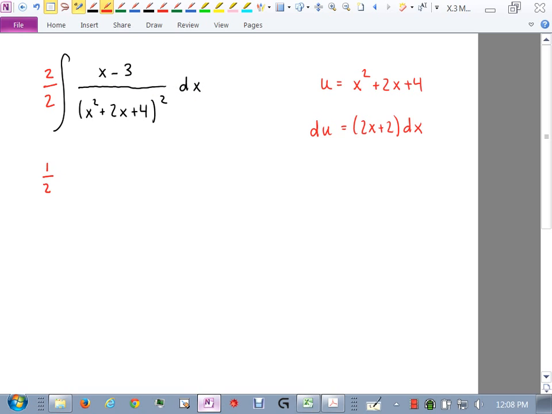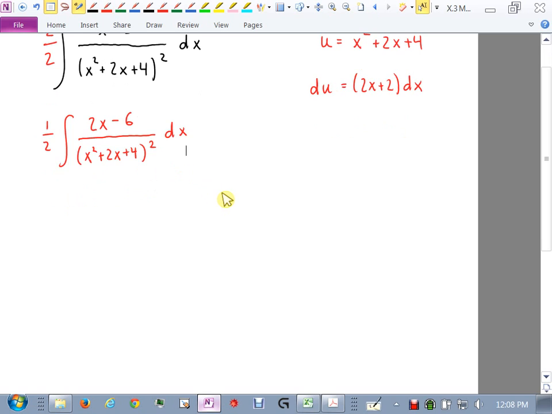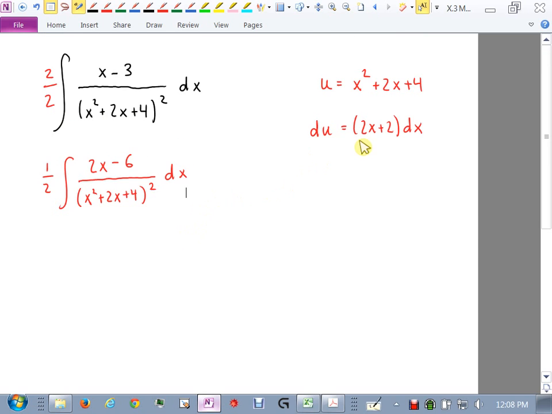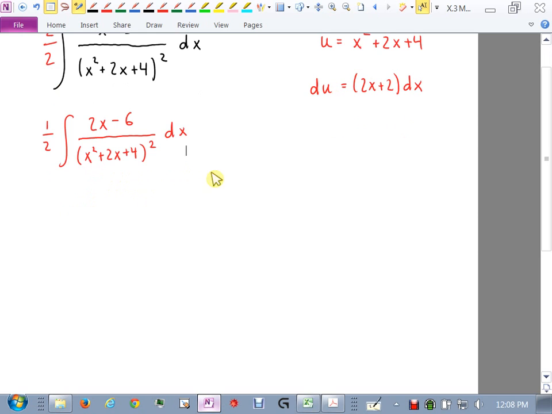New integral is 1/2 integral 2x, I won't mess up this time, minus 6 over x squared plus 2x plus 4 squared dx. What now? I need plus 2, right? So plus 2 minus 2? 1/2 integral 2x plus 2 minus 2, but I still already had up there minus 6, over that.